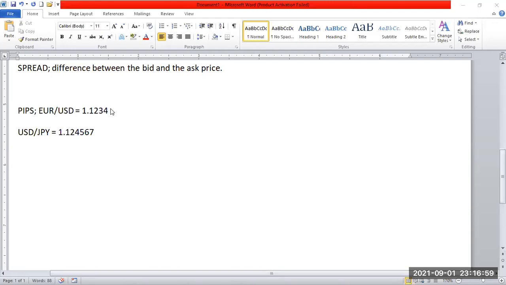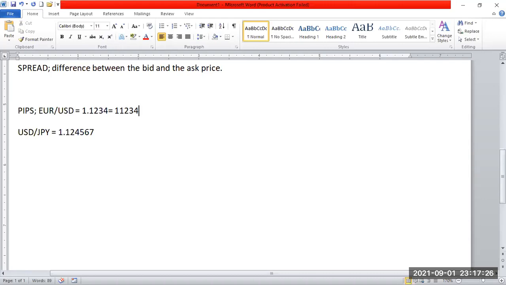In this case, our pip would be equal to 1, 2, 3, 4. I'm counting from the fourth decimal place. Counting from the fourth decimal place does not mean the number would only be 4.